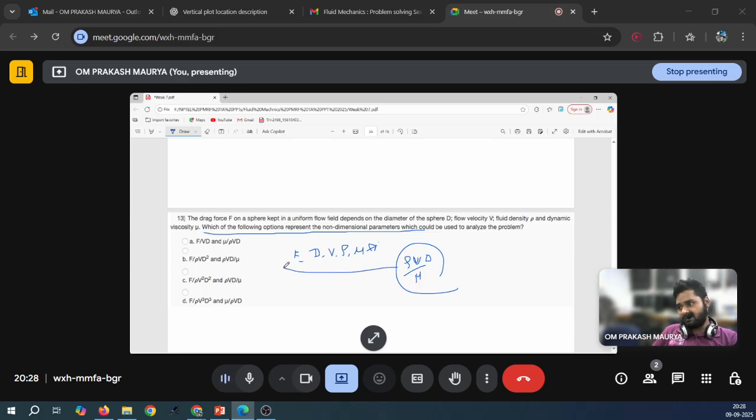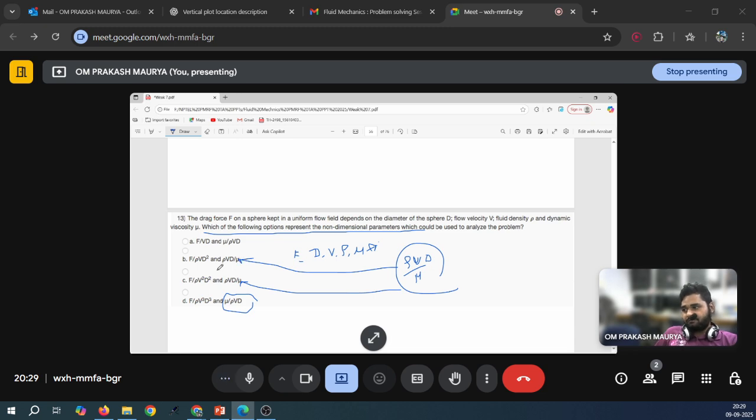So this option is here, rho v d by mu. This option is also non-dimensional, but you cannot go with this, because you have to make non-dimensional numbers which have some physical meaning. Okay, so Reynolds number, fine.